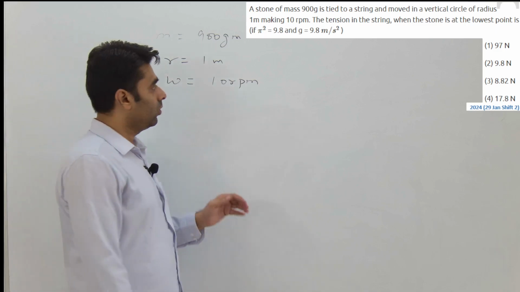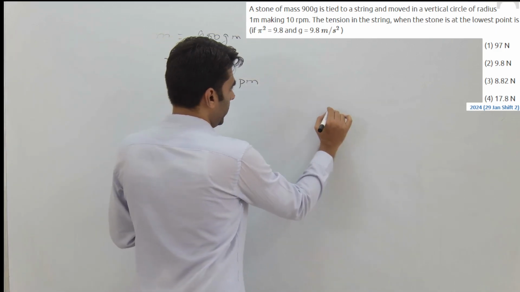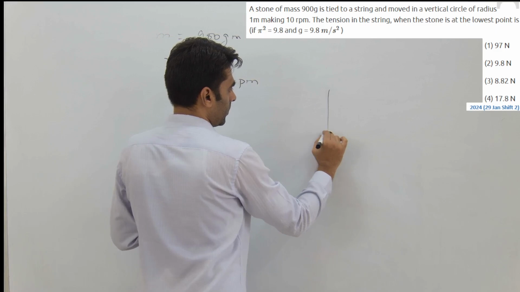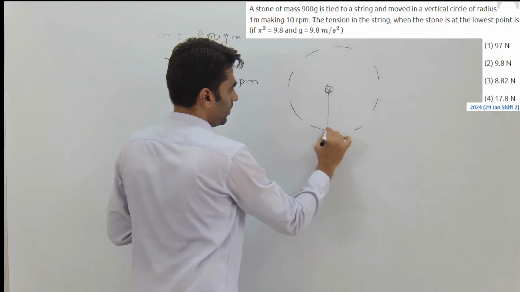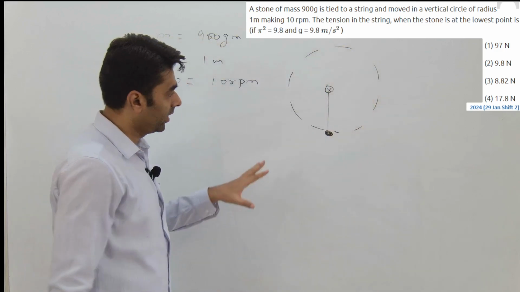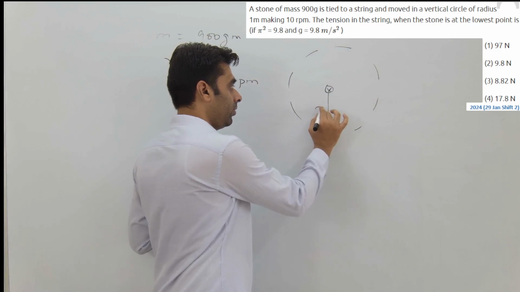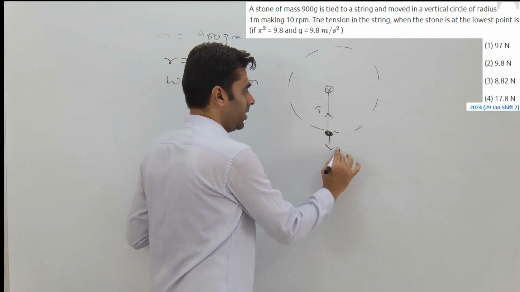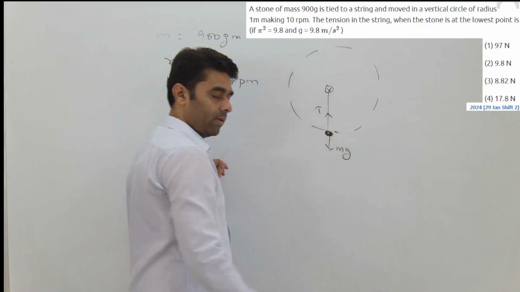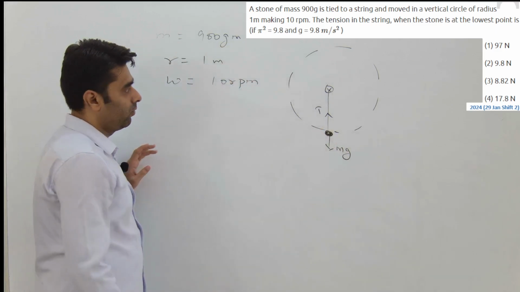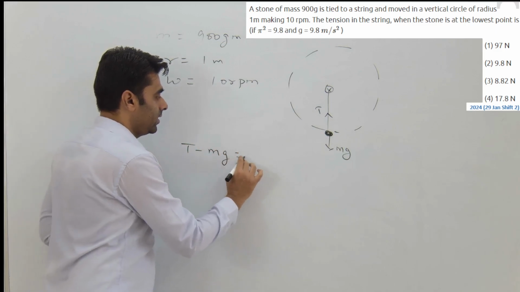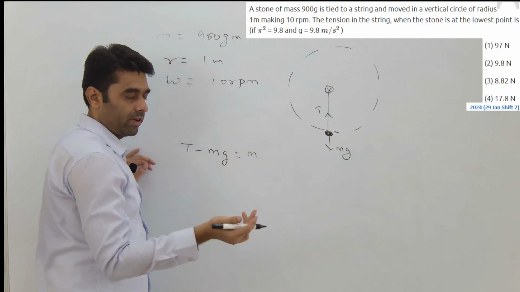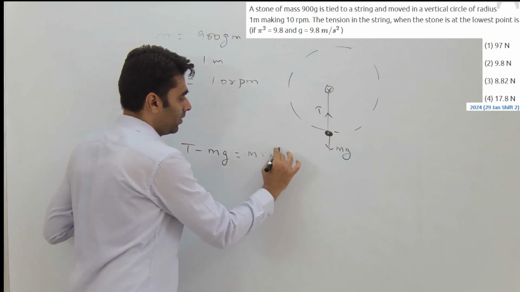If you notice carefully, the particle will be moving like this. This is the situation. At the lowest point, if we draw the FBD, tension is upward, mg is downward. So what equation can we write? The force equation: T minus mg is equal to mass into centripetal acceleration, which is r omega square.